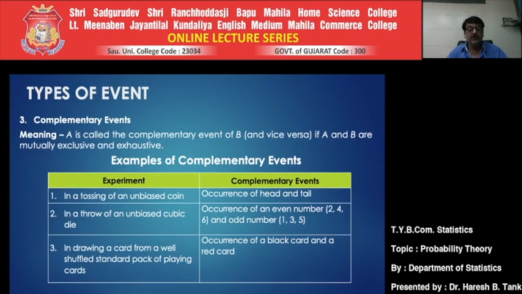Again, here the word used is mutually exclusive and exhaustive. Try to separate these two words. Mutually exclusive, I am referring to the definition of mutually exclusive. What was the definition of mutually exclusive? Two events are said to be mutually exclusive if happening of one simply discards possibility of happening of the others.